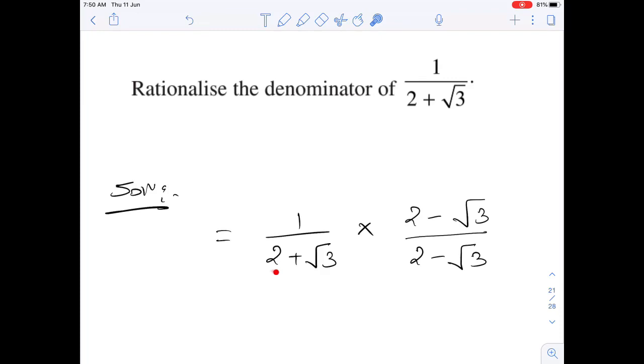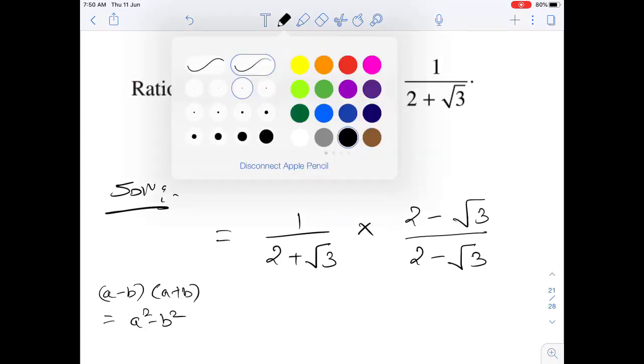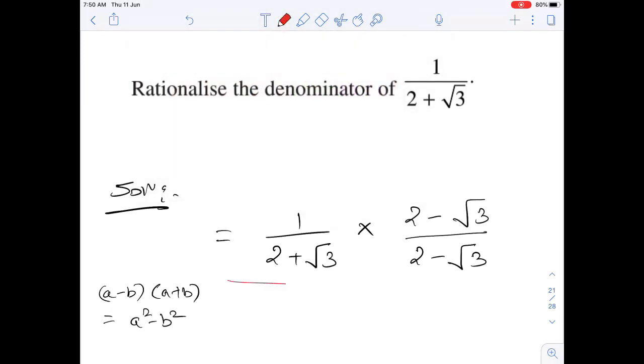Now if you look at 2 plus root 3 and 2 minus root 3, it seems to be an identity expansion. We have learned that (a minus b)(a plus b) can be written as a square minus b square. So this 2 plus root 3 and 2 minus root 3 can be written similar to this one, (a minus b)(a plus b).